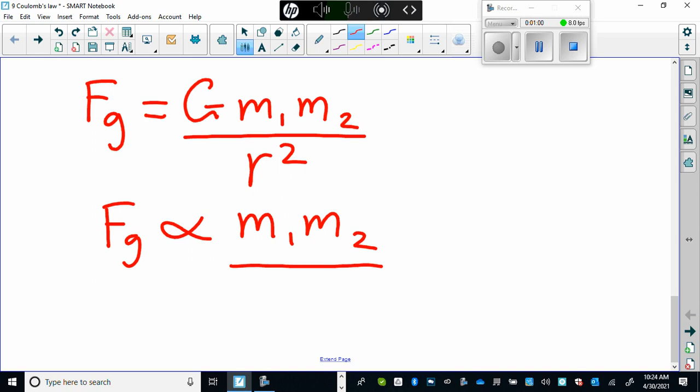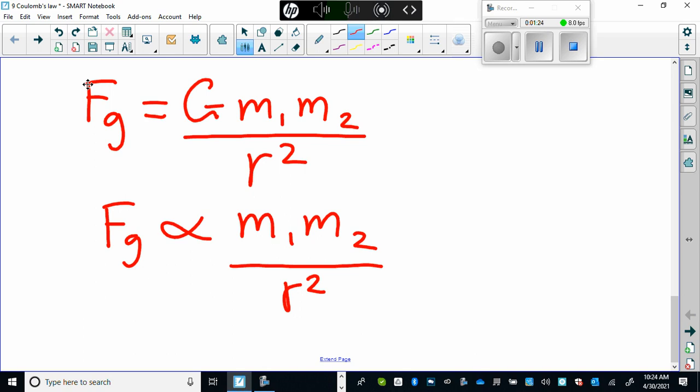So if you increase one mass, the gravitational force will increase, and it was inversely proportional to the square of the distance. So if you double the distance, 2 squared is 4, so the gravitational force will be 4 times less. In other words, it will be a quarter of what it originally was.